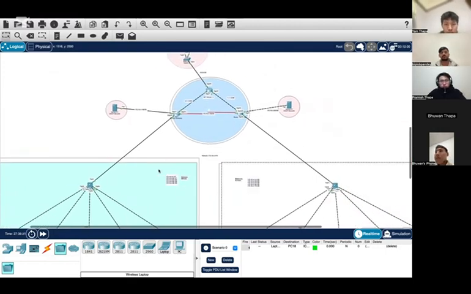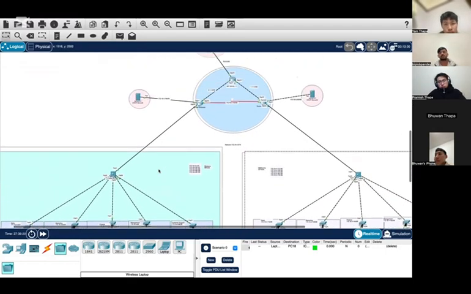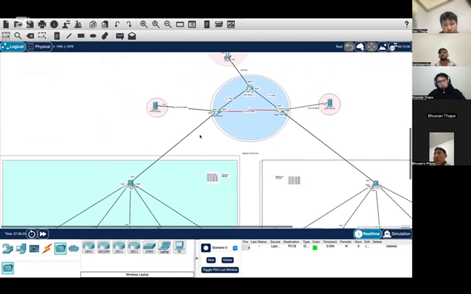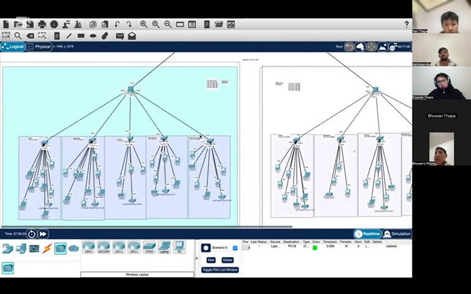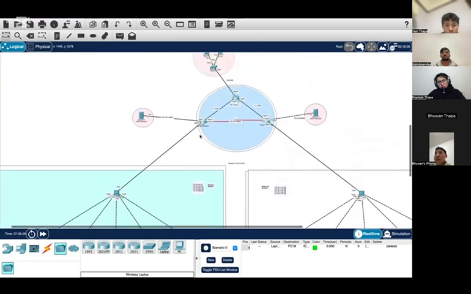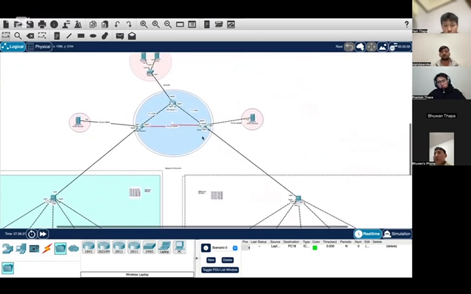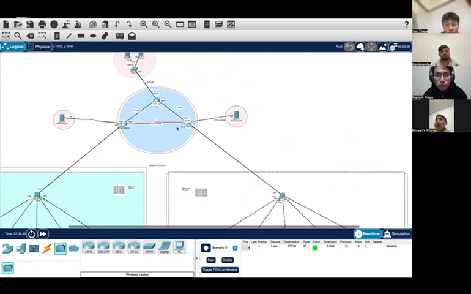As Biplav has described our network topology, we have a three-layered architecture. We have the core layer, distribution layer, and access layer with devices in them. In our core layer, we have two core routers, one for Brisbane and one for Melbourne.